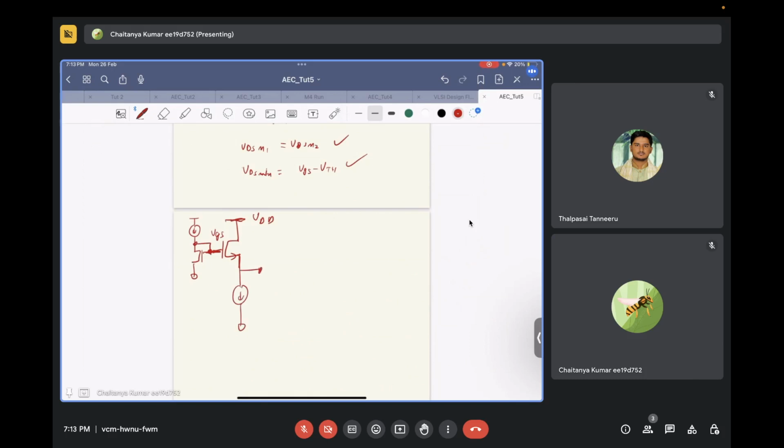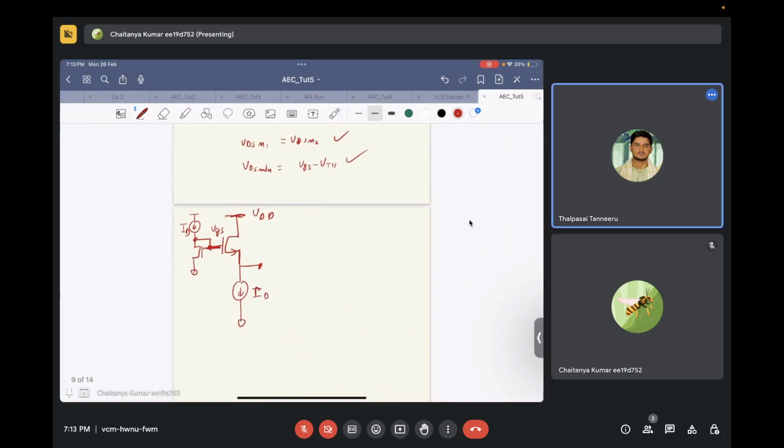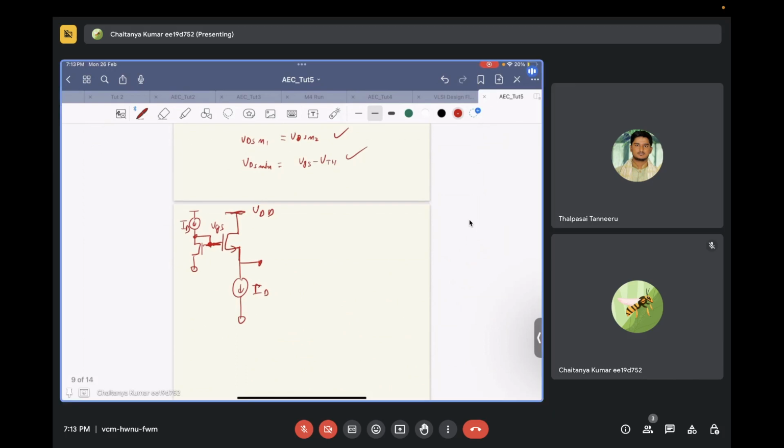Now what is this voltage? Let's say this is ID, this is ID, and this is W by L, this is alpha W by L. Okay, so what will be the value of this voltage? Can you tell? If this is M1, this is M2, this will be VGS minus VGS2, correct?